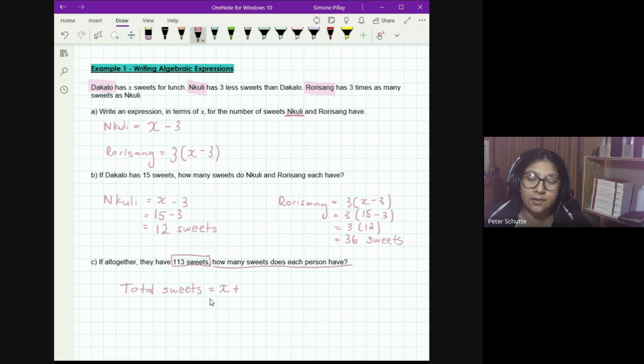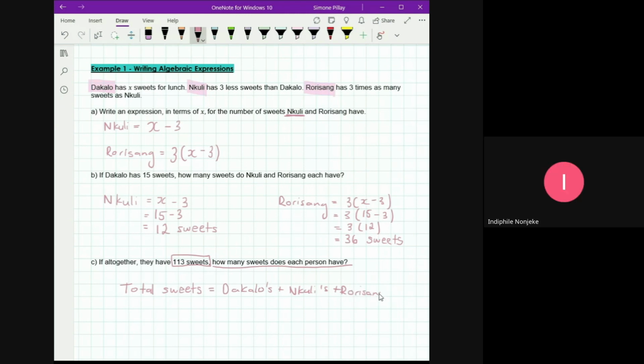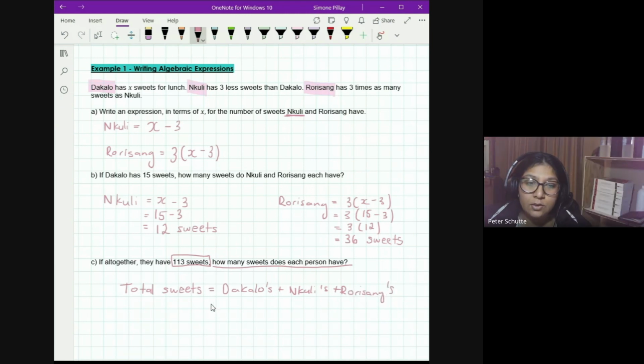And so what I want to do is I basically want to say, well, my total sweets is going to be equal to the Carlo's sweets plus Nkuli's sweets plus Rory-san's sweets. Right. Now, Itandile, without giving me actual numbers from previous questions, can you tell me how many sweets does the Carlo have?